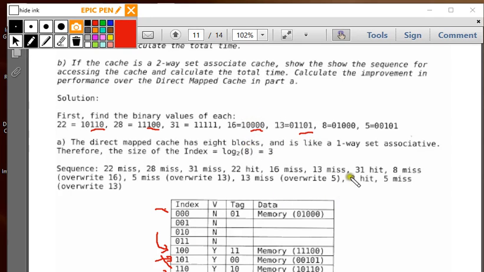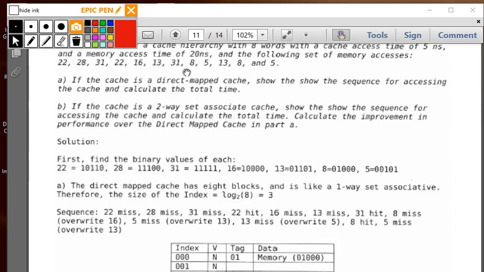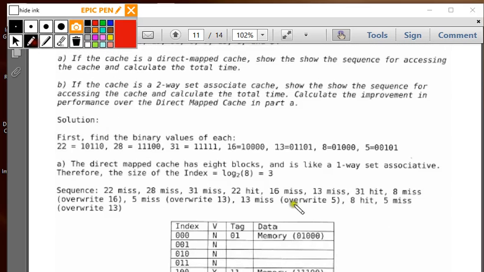And now, when we go back up to our order, this is where things get interesting. So now we're up to 31, right? 13, 31's a hit. Now 8 happens to be the same index as 16, right? So that's why in this final solution here, it's 8 because we have swapped out 16.